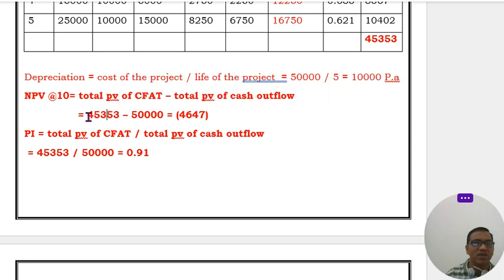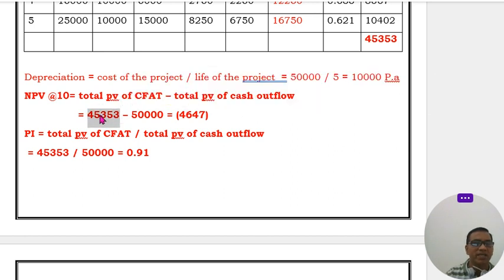If this value should be increased, that means the discount factor, the rate of return, should be decreased. If you compare with the previous problem, we are doing the opposite here. This value should be 50,000, so that 50 minus 50 you will get 0 here. That is the IRR.